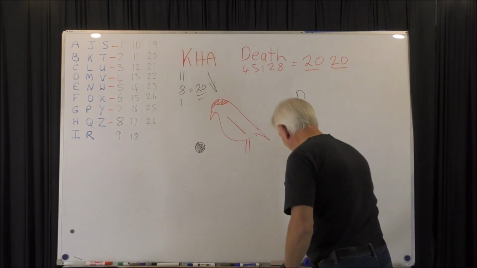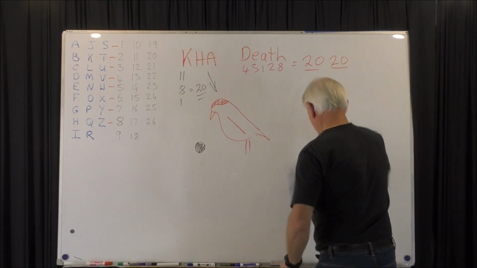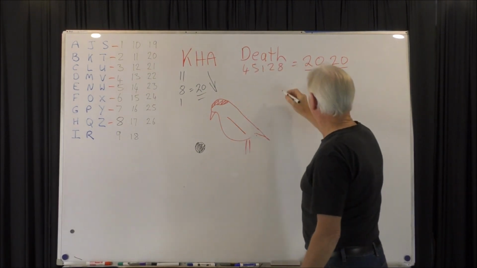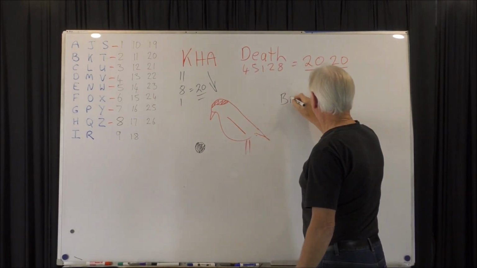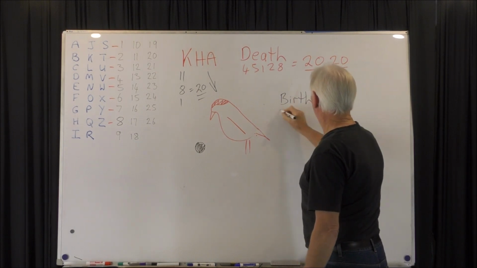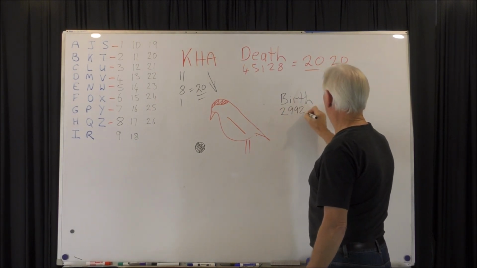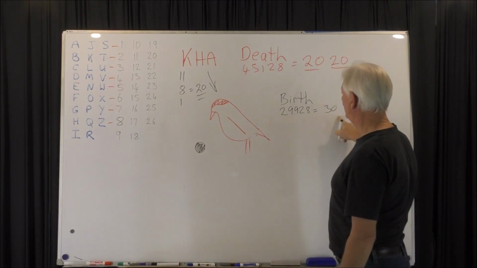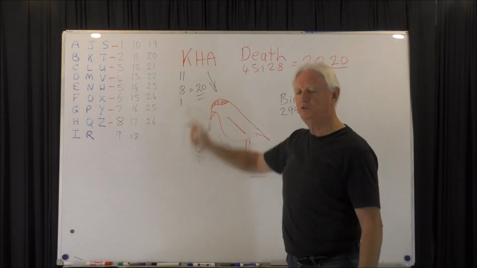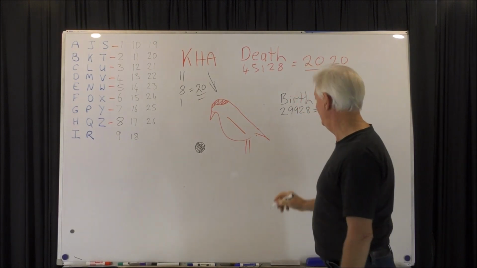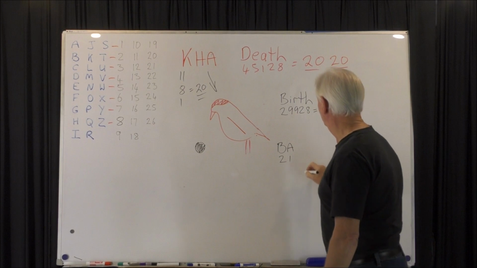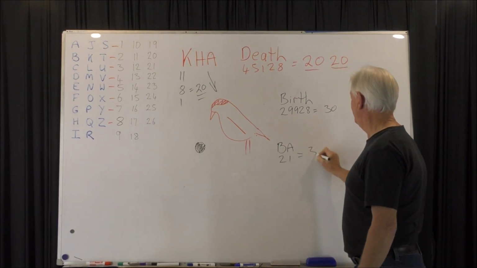Sorry, I apologise. Sometimes I make a mistake. Birth: 2, 9, 9, 2 and 8 equals 30. So that's what birth represents. The Egyptian word for birth is Ba, B-A. 2 and 1. And 2 plus 1 equals 3.